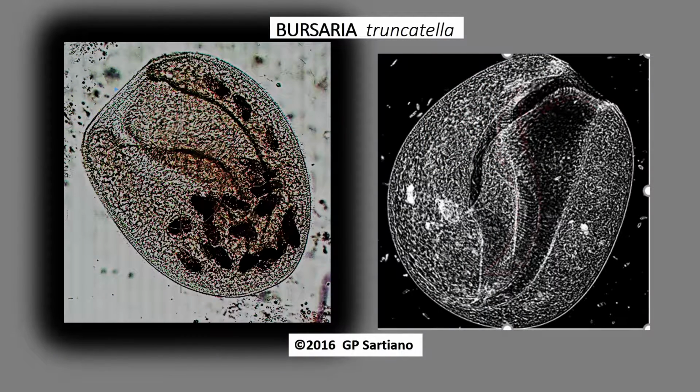In these two different views, note again the spiral-like collection of dense ciliary membranes lining the buccal cavity.